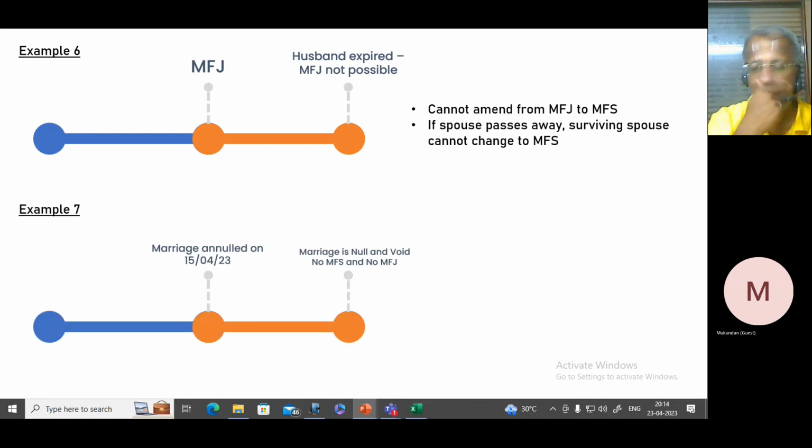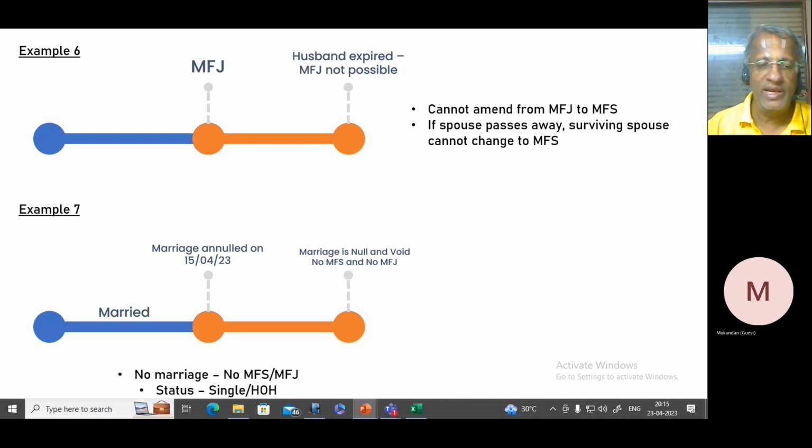The next particular thing is marriage annulled on 15/4/23. So the marriage is null and void, no MFS, no MFJ. Have that in your mind. This particular period was considered married and now no marriage, and the status for those two could either be single or HOH, depending upon other conditions.